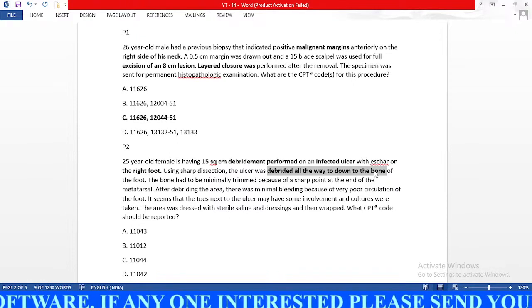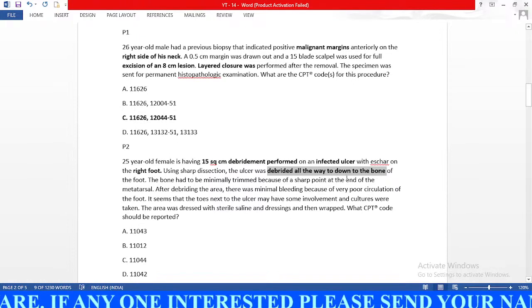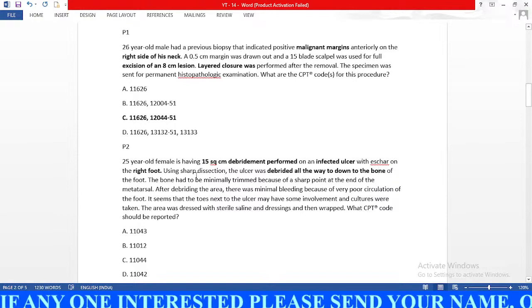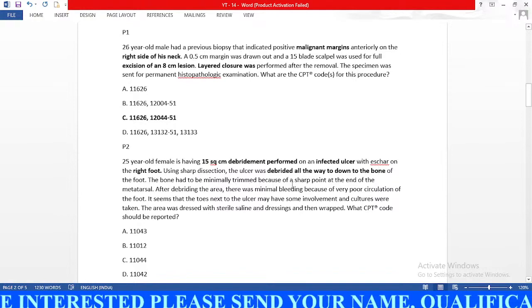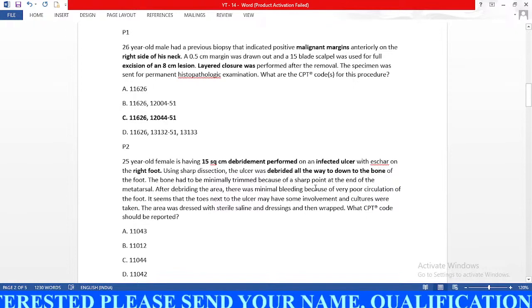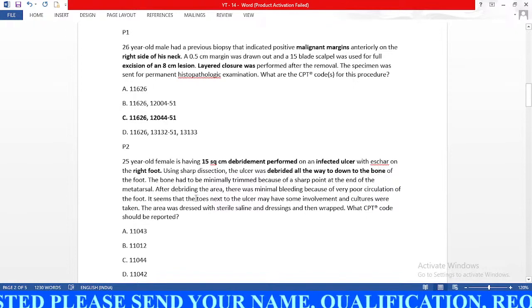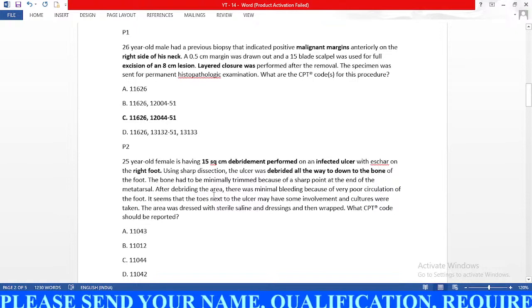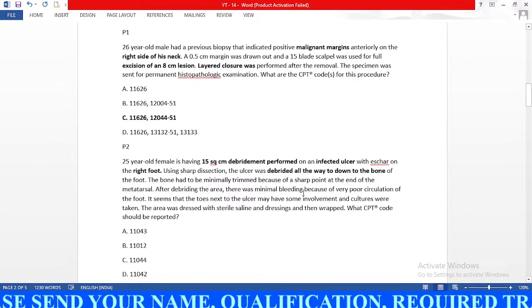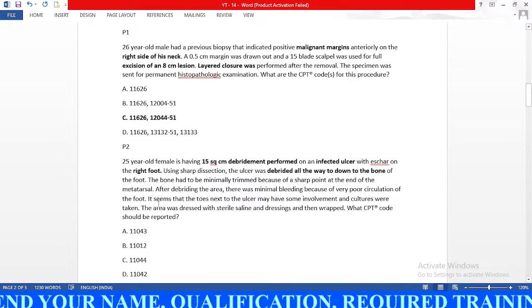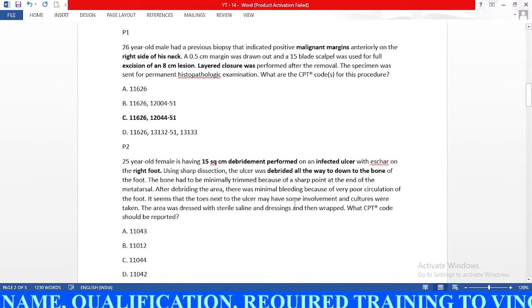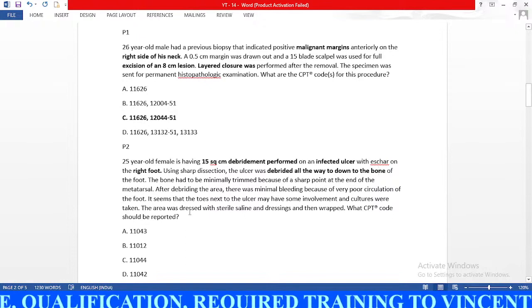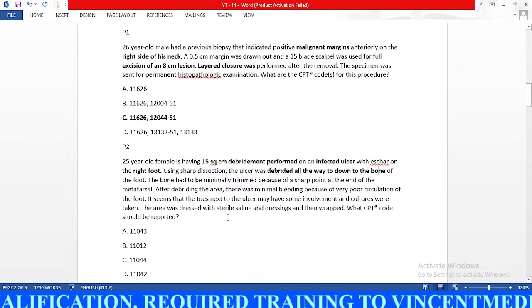Based on our question, debridement was performed until the bone, the bone of the foot. The bone had to be minimally trimmed because of a sharp point at the end of the metatarsal. After debriding the area, there was minimal bleeding because of very poor circulation of the foot. The toe next to the ulcer may have some involvement and cultures were taken. These are not necessary for us.